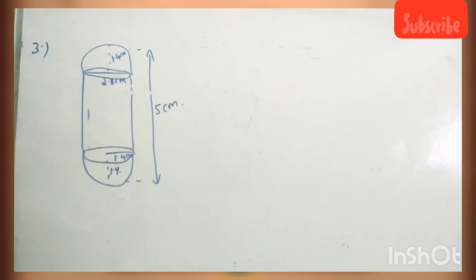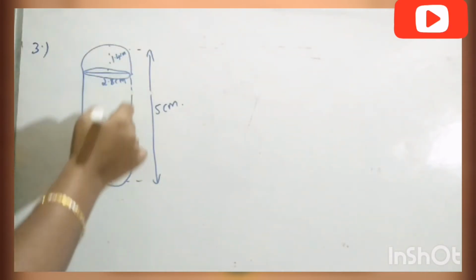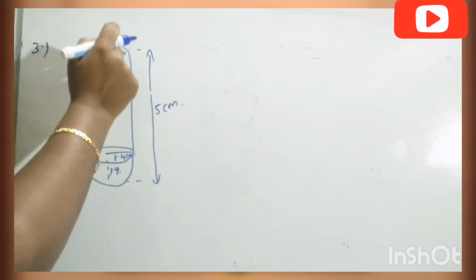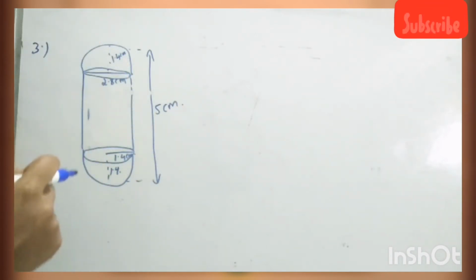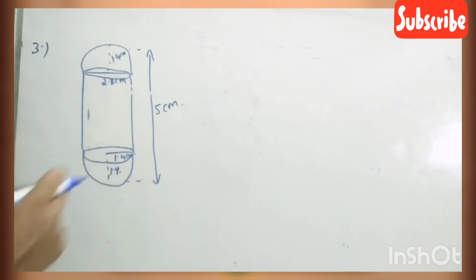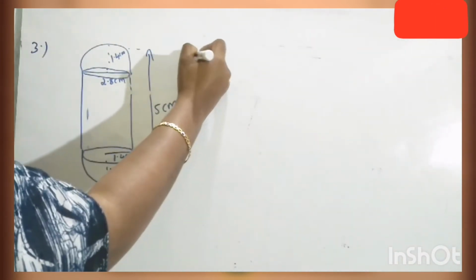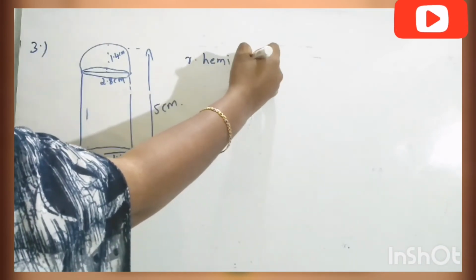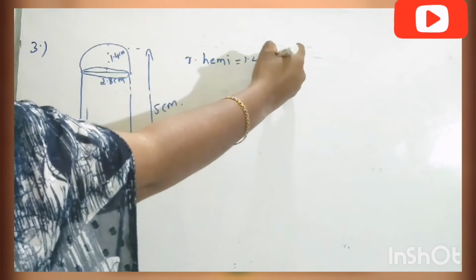Now, what is the height of our cylindrical portion? The total length is given, that is 5 centimeter, and we know that the height of the cylindrical portion is 5 centimeter minus the radius of the first hemisphere and the radius of the second hemisphere. The radius of the hemisphere is 1.4 centimeter.